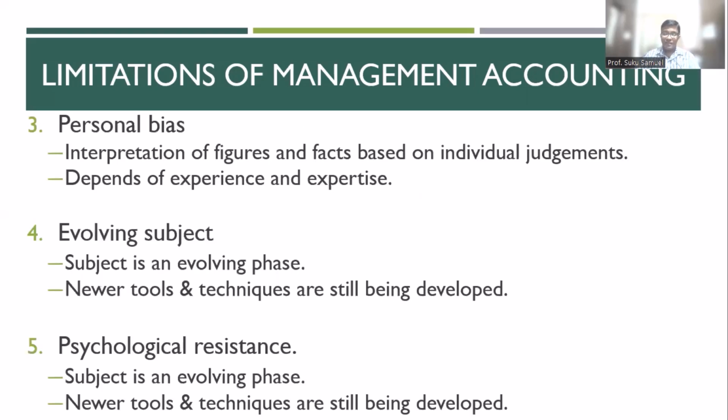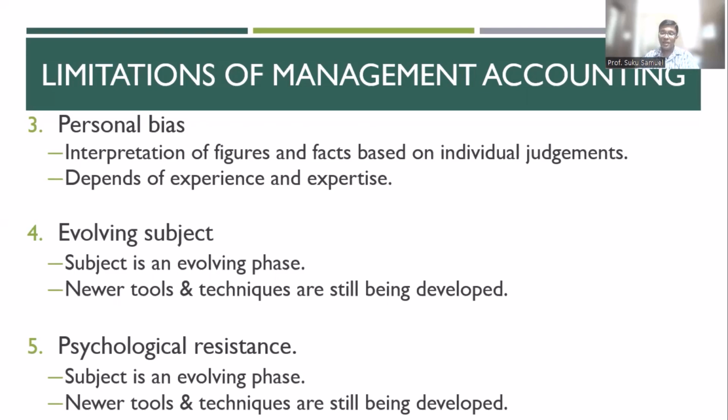Then the third thing is personal bias. Personal bias is something that we see not only in management accounting, but in a lot of other areas as well. Your previous experience, your previous knowledge, your previous know-how in handling a certain situation could have a serious consequence.